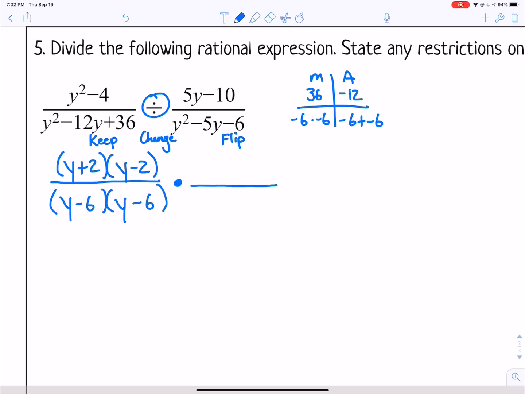So if I take out a 5 for this numerator, I'm going to put it in the denominator when I rewrite it down here. So it'll be 5, and then y minus 2 is left over. And the last part of factoring, I got to figure out what will multiply to give me -6 and add to -5. So that would be -6 plus 1. So then we see what would cancel.